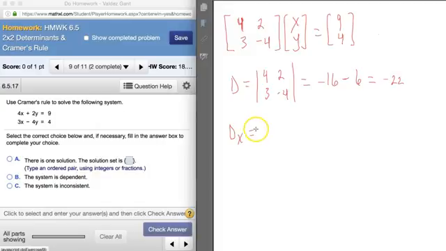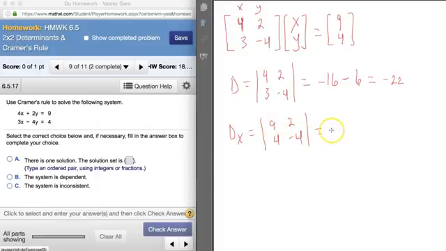The determinant of the coefficient matrix with respect to the x column will be replacing, since that's the x column and that's the y, we're replacing 4, 3 with 9, 4. And then do that with 2, negative 4, and then just find the determinant of that.